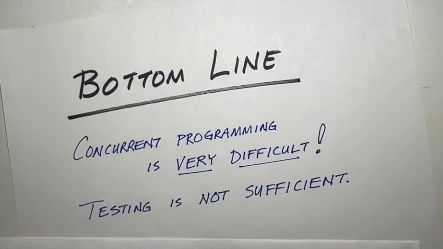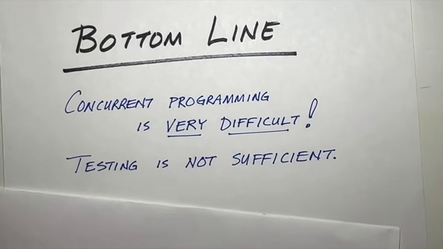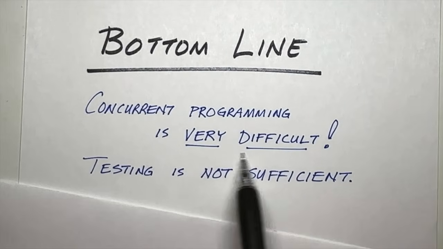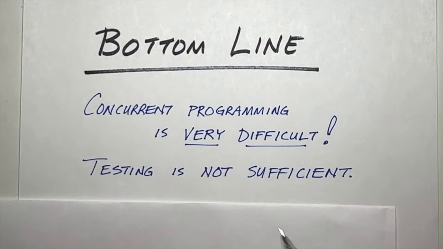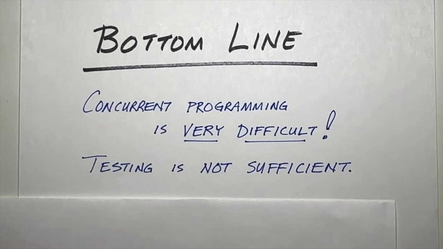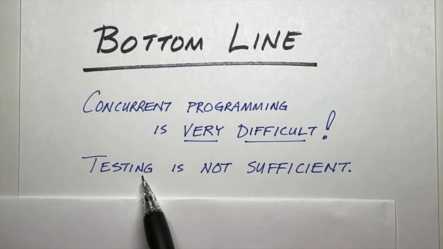The takeaway is that synchronization and concurrency control are very difficult and highly unintuitive. Such programs require very careful reasoning to get correct. Just running the program and testing it works reasonably well for some simple single-threaded programs.